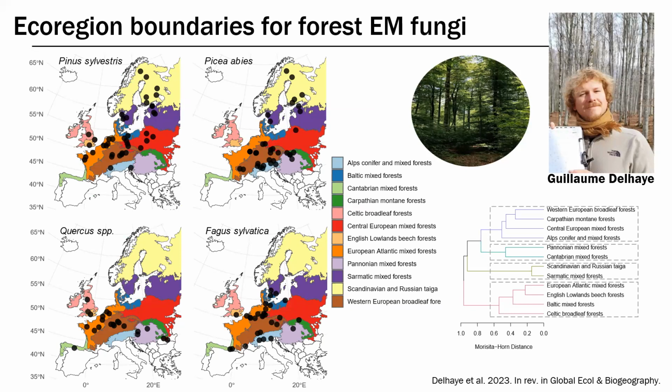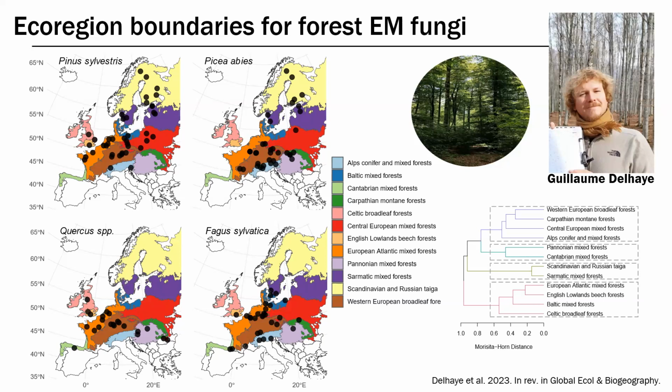He's a postdoc in our group, and he has been working with the same data set, trying to understand if these fungi follow ecoregion boundaries, because there was a study where they were using fruit body data from GBIF, and they found that many organisms have their distributions delimited by ecoregions, but with fungi they didn't find a signal.